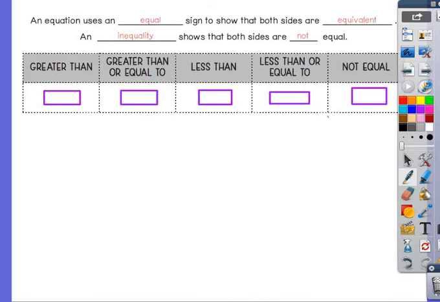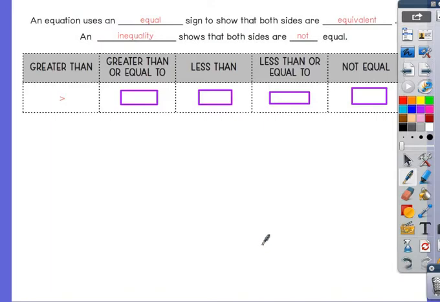Okay, so we need to refresh our memory on what these symbols look like. So the greater than symbol, did the alligator mouth open to the left or open to the right? It opened to the left. What about greater than or equal to? What's unique about that?